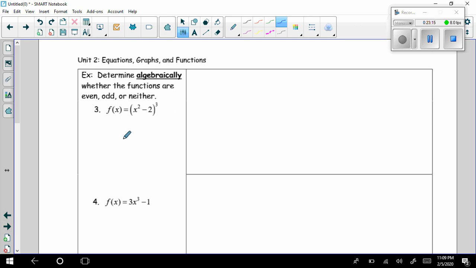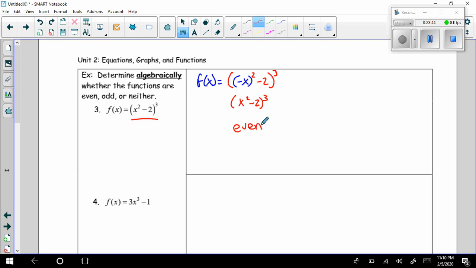So to determine if they are even, odd, or neither, you just plug in negative x. So we get f of x is equal to, we have negative x squared minus 2 cubed. So this comes out as x squared minus 2 cubed, which is our original function.